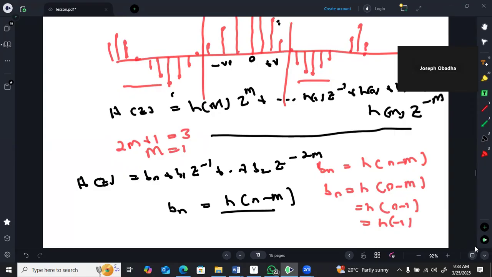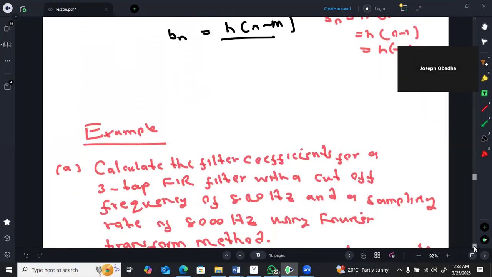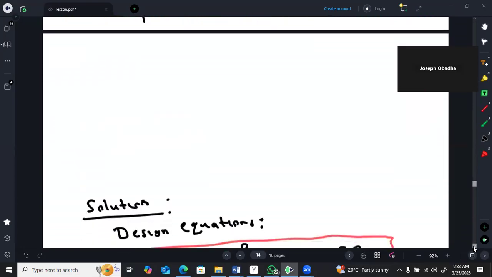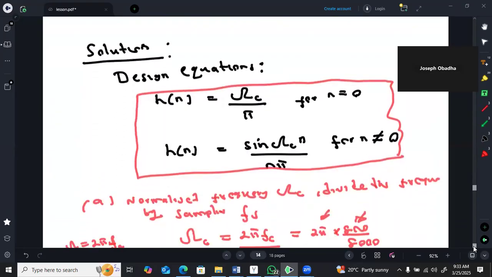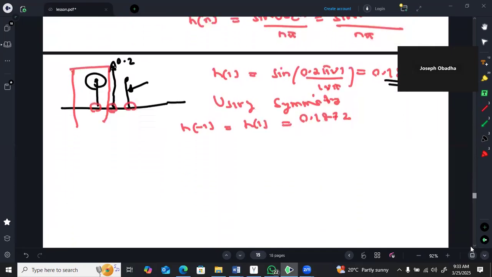Just look at this one here. We saved it so that it goes here. So we are saying b 0 equal to h of 0 minus 1 equal to h minus 1.